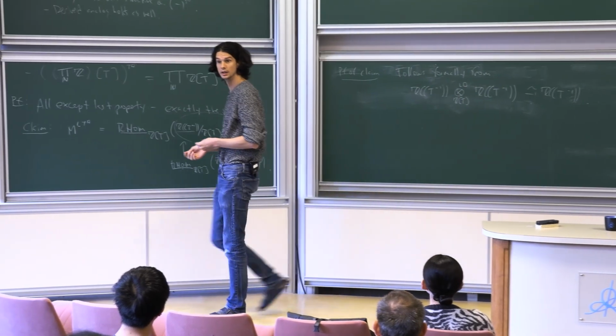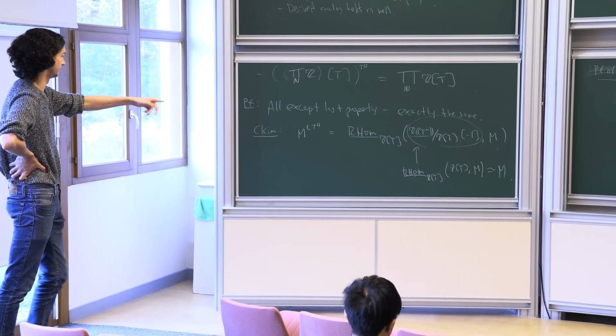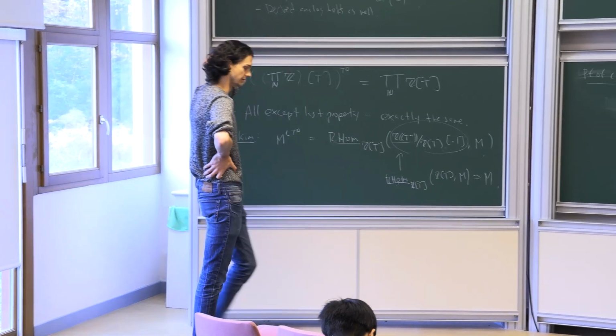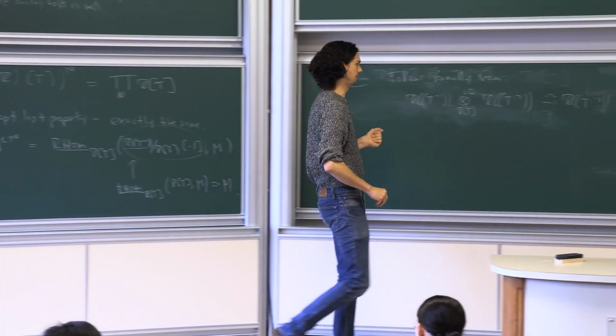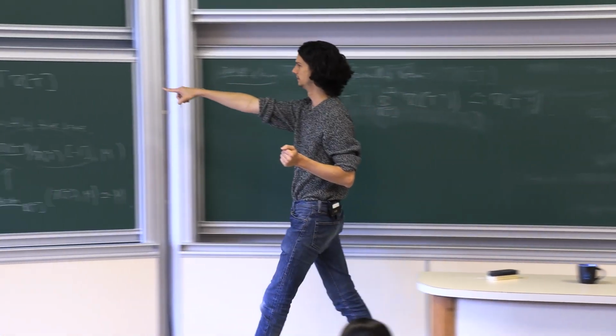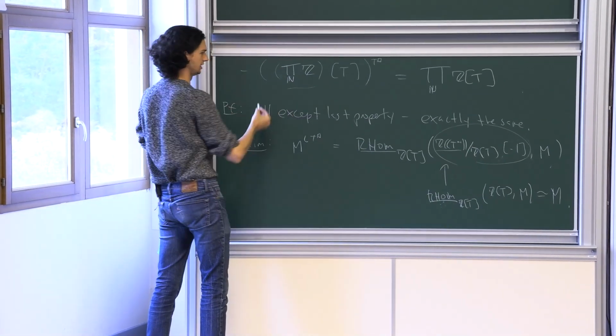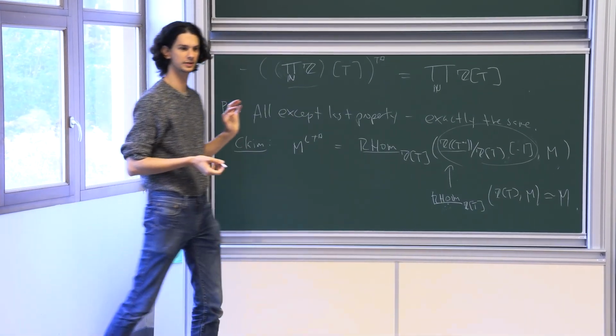Okay. So that's a formula for the derived solidification of a general Z bracket T module, but something nice happens, so we still haven't proved the claim, but something nice happens if your Z bracket T module is base changed from a solid Z module.